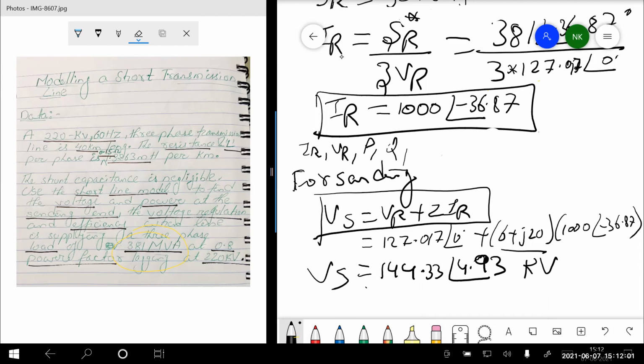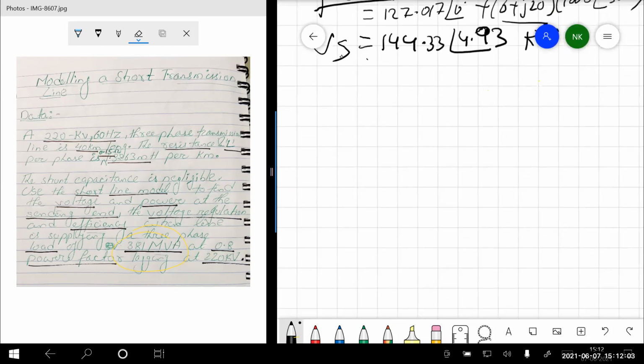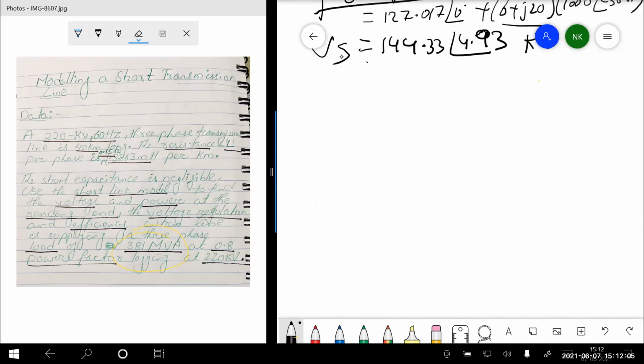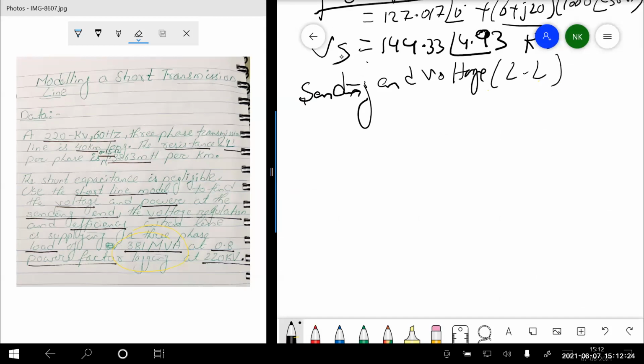So we got these two data. Now we'll see about the phasor value, the sending end voltage into line to line. It is very simple.